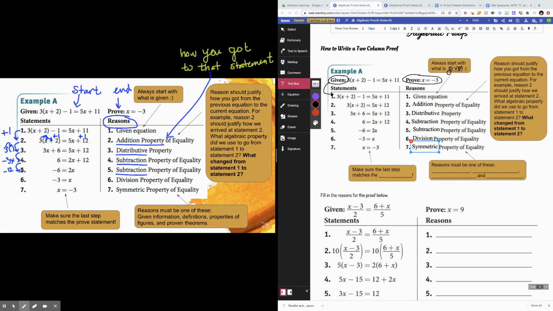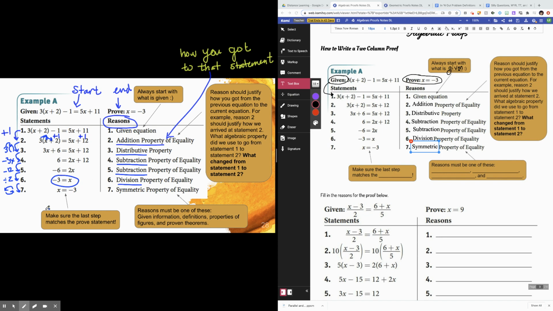In order to get from step 5 to step 6, they divided by 2. So that's how I arrived at step 6, so that's the division property for step 6. And then all that happened for number 7 is they did a switcheroo. They switched the x and the negative 3. You may be thinking, why do I have to do that? Because at this step, I already have x equals something, so shouldn't I be able to stop right there?